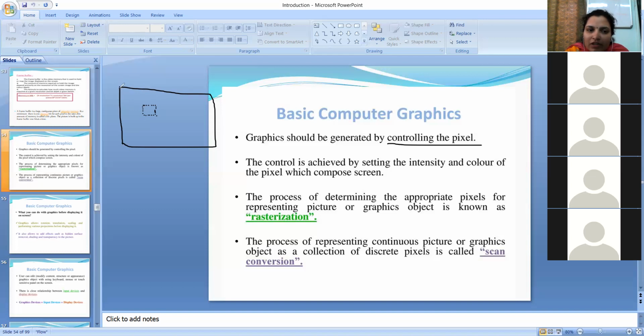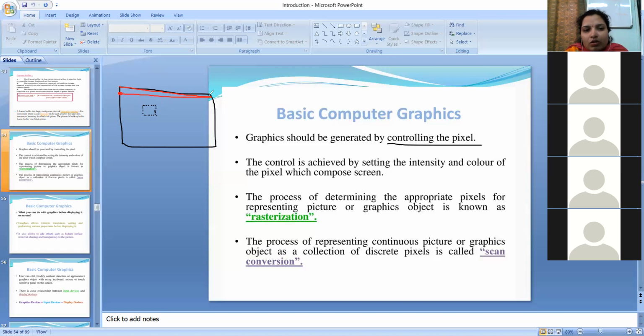So I will start with this, and I will go on scanning the screen from left to right till I reach the rightmost corner, and then I will return the control back to the second row of the screen.